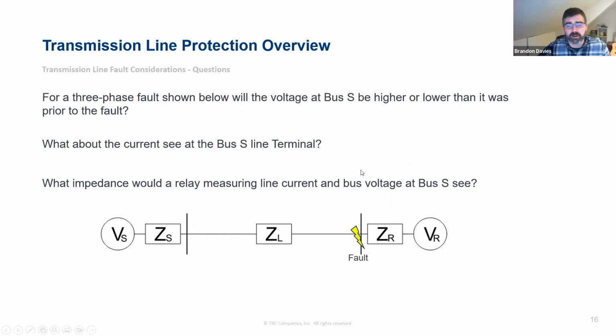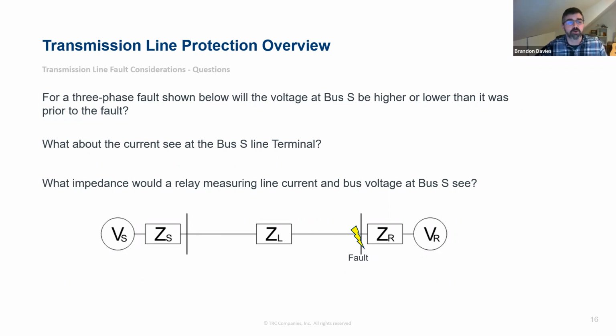I've got a few slides here with some questions just to think about how the system's going to respond to a fault. If we have a three-phase fault on this bus in this location here, and we've got a relay located at the terminal of the line near bus S over here, what electrical parameter measurements is that relay going to be making?